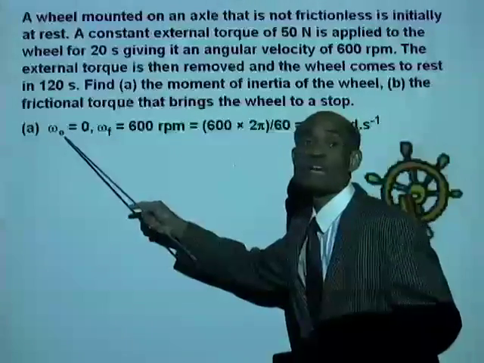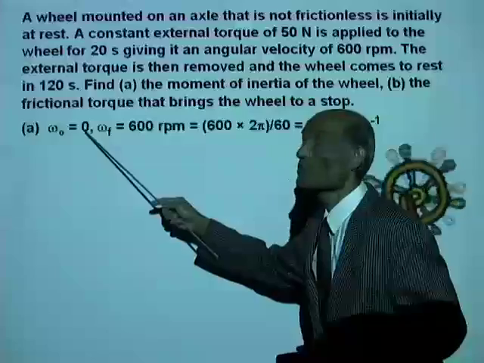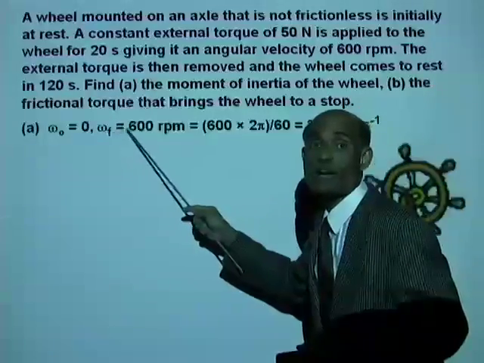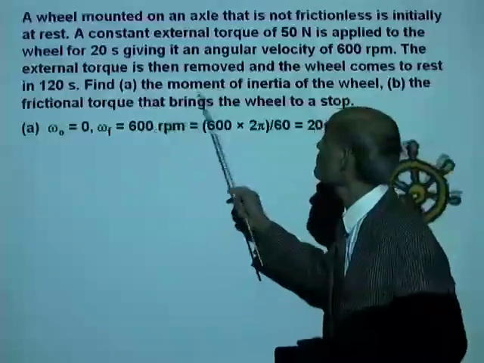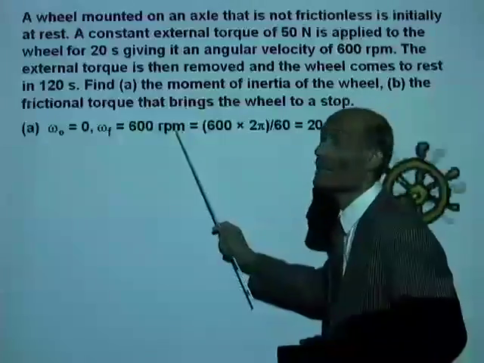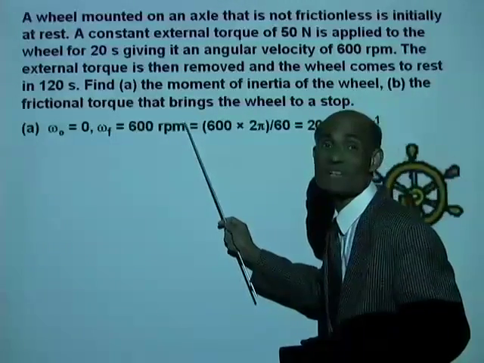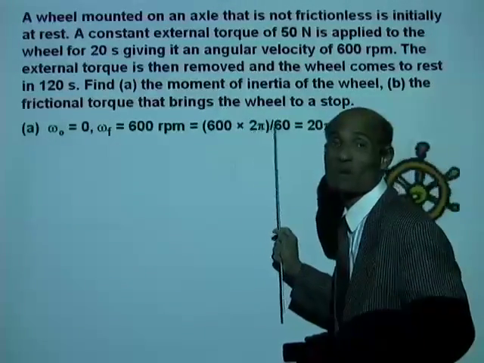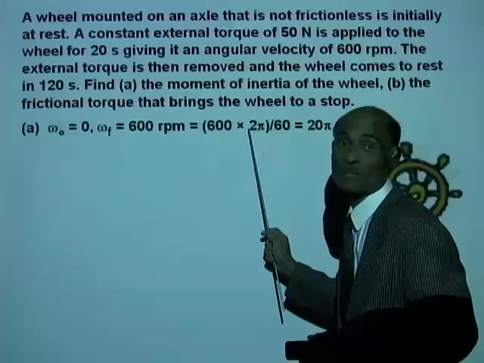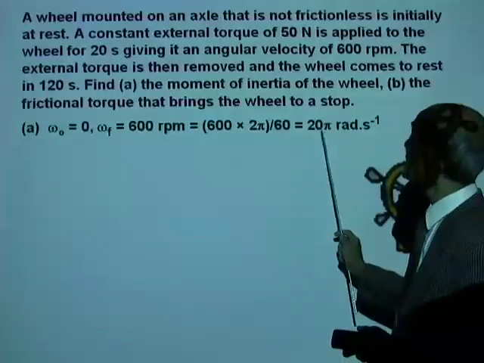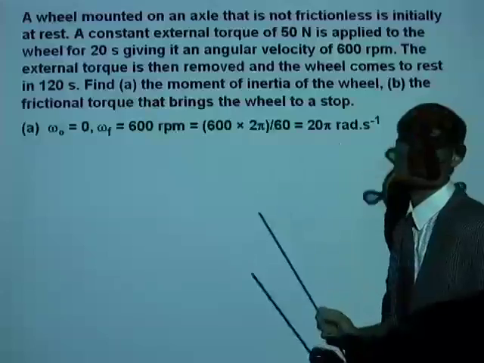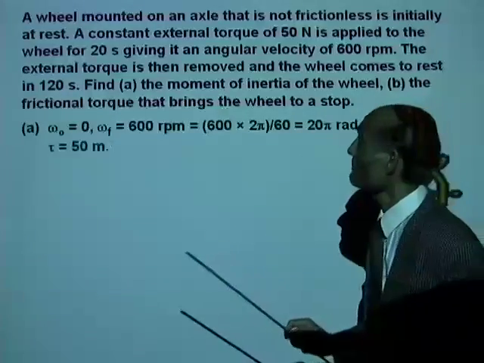Now what are the data we have? Omega 0 equal to 0. Omega F is given to be 600 revolutions per minute. Convert that to radian per second: multiply by 2 pi and divide by 60. So omega F is 20 pi radian per second.